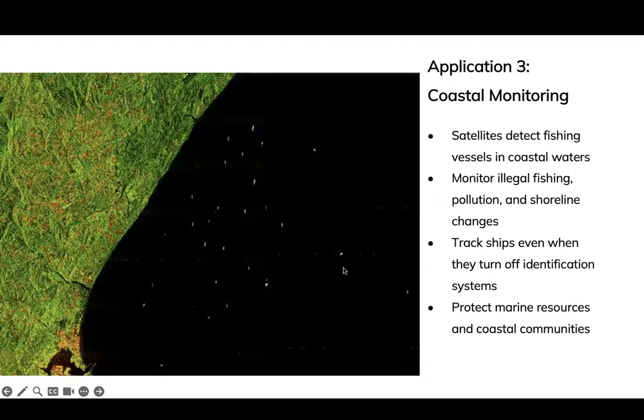The satellite has detected these fishing vessels, not necessarily because it can see them from a light perspective, but because it's picking up electromagnetic signals from those positions.